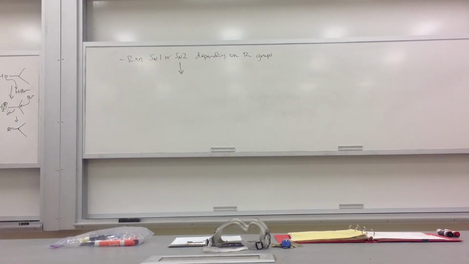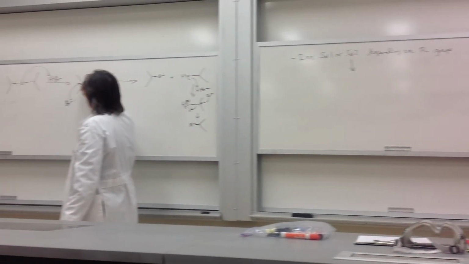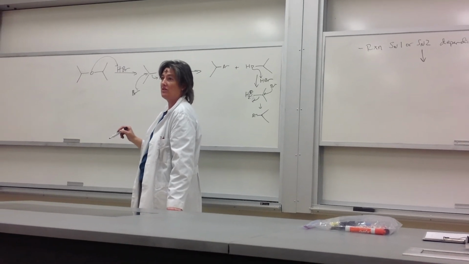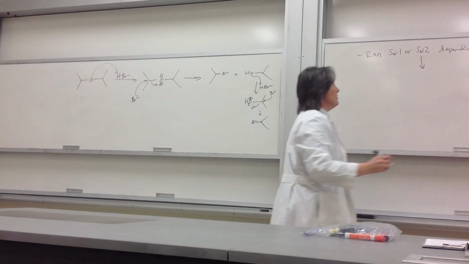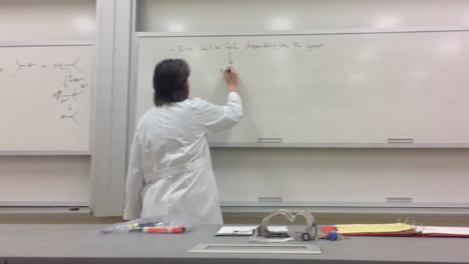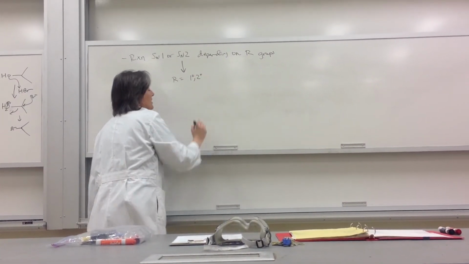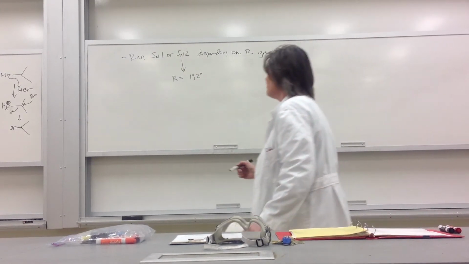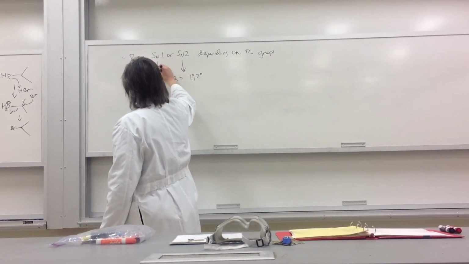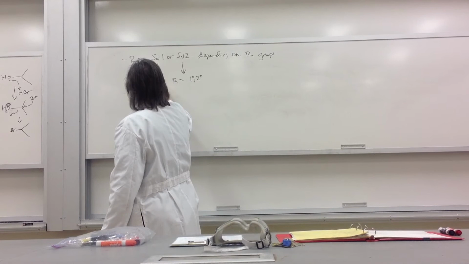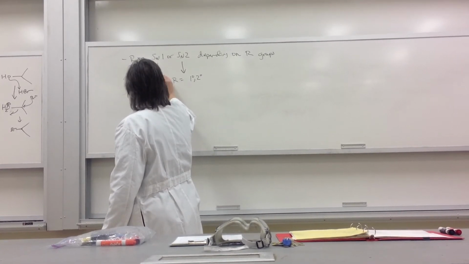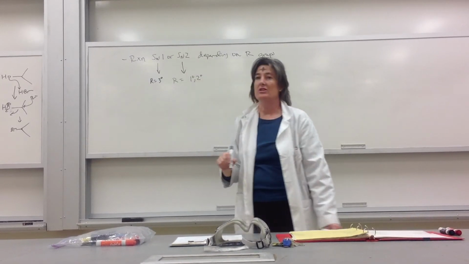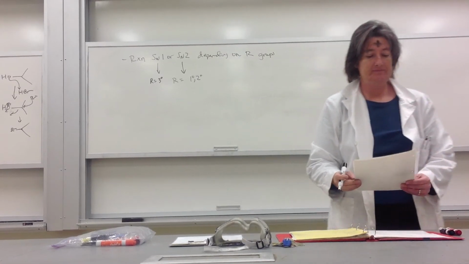So notice I have this attack right here. This can't be too hindered, or it can't do an SN2. So you'll see SN2 when your R groups are primary or secondary. When the R group is tertiary, it can't do this reaction, so you'll do SN1. So if your R group is tertiary, you see SN1 reactions.